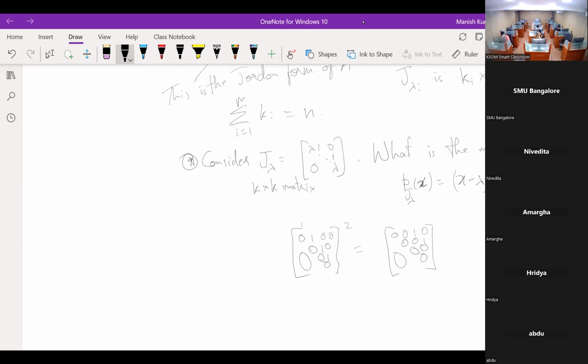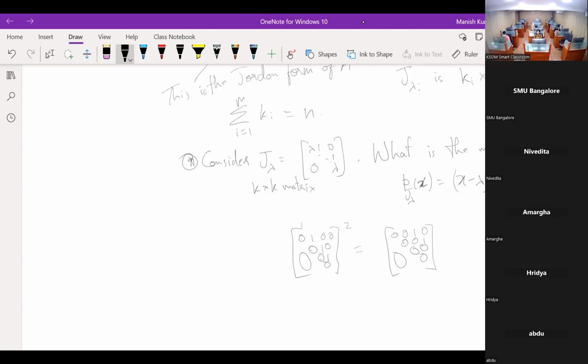If you cube it, the one will go to this position, and there will be a 1 in the top right corner.